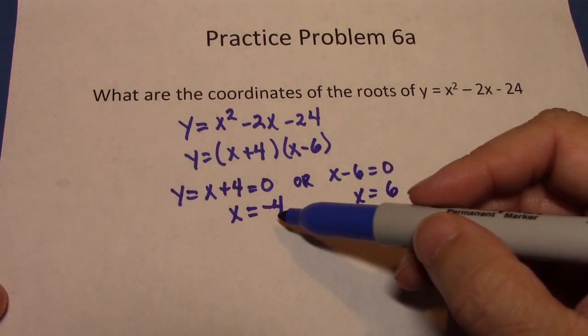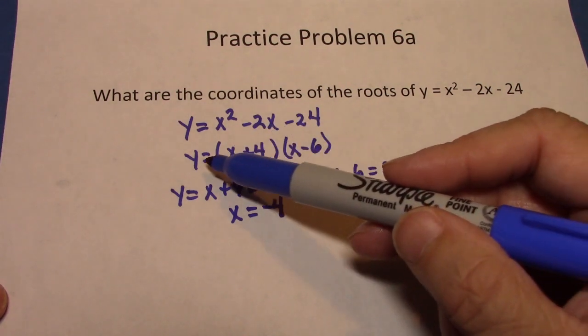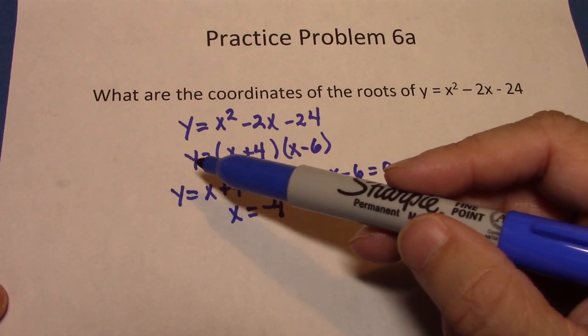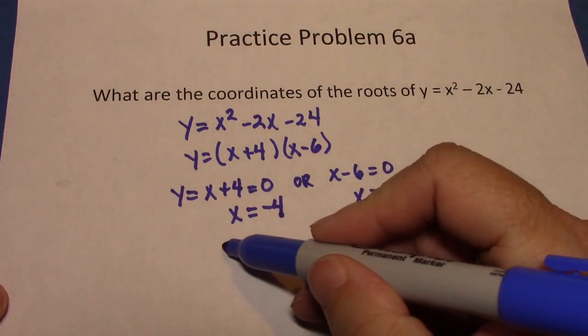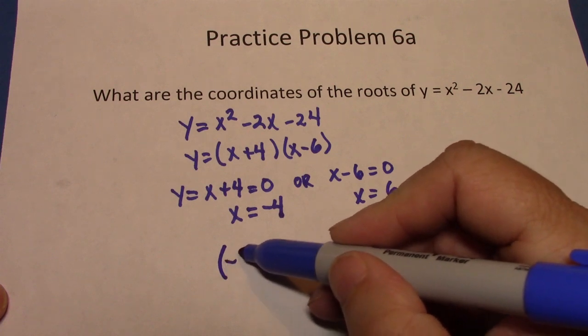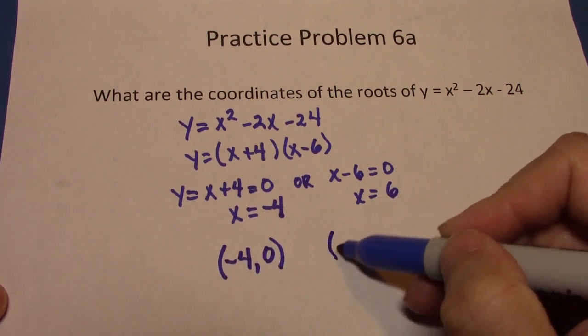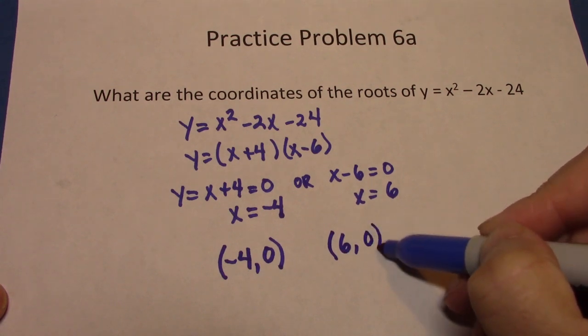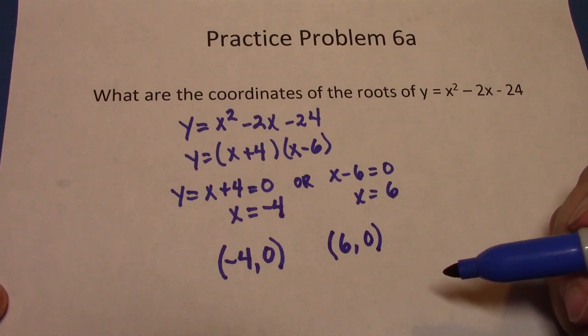Those are the values for x that when we put them into the original equation will make y equal to 0. And where y equals 0, that's the x-axis. So these are our x values, negative 4, and of course the y value is 0. That's what we're trying to get, and 6, 0. So those are the coordinates of the roots.